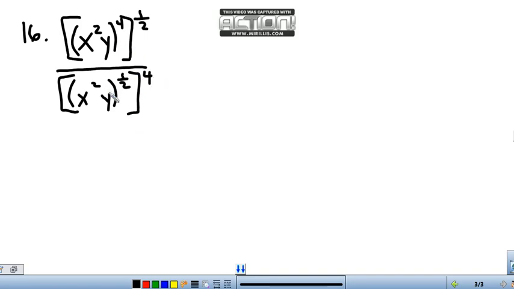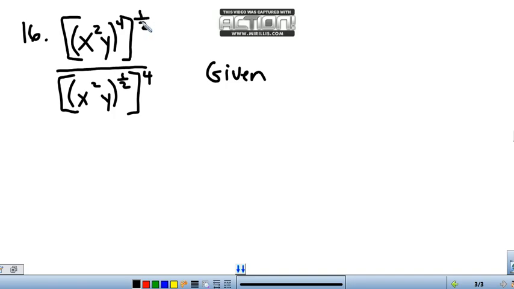Looks kind of scary, but remember, you can look at your rules on your foldable chart. What I recognize right away is in the numerator, I see power of a power. In the denominator, I see a power of a power. Here we're just going to write the word given. We're going to do our power of a power rule for the numerator and denominator, which tells us to multiply the exponents.